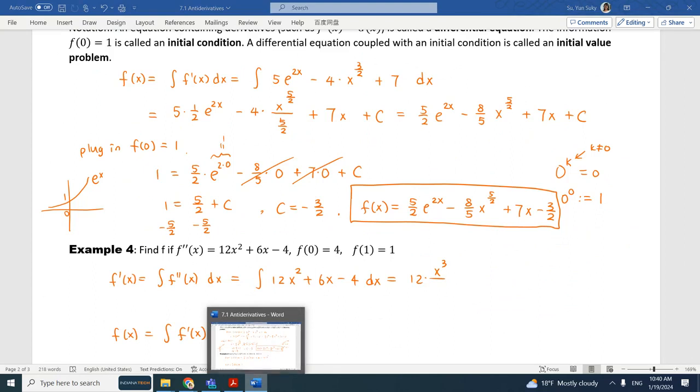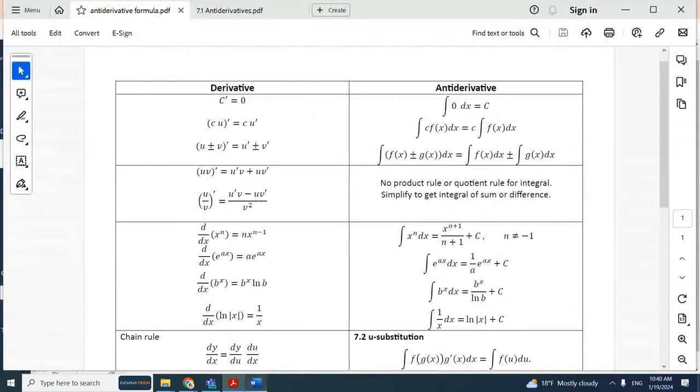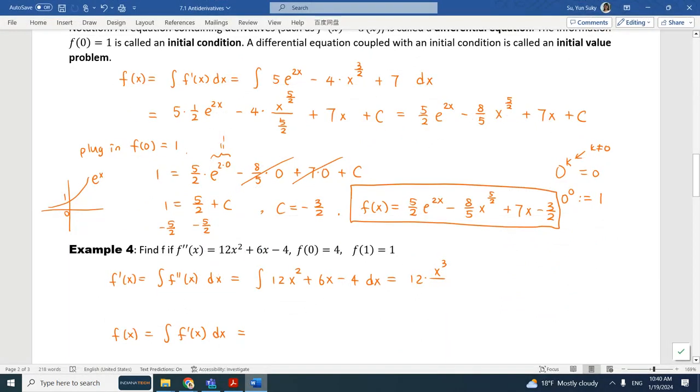So it'd be 12x cubed over. The new exponent is n plus 1. Oh no, n is 2, so we have x squared, right? So that's why the 2 plus 1 is 3. It'll be over 3. Yes, very good.